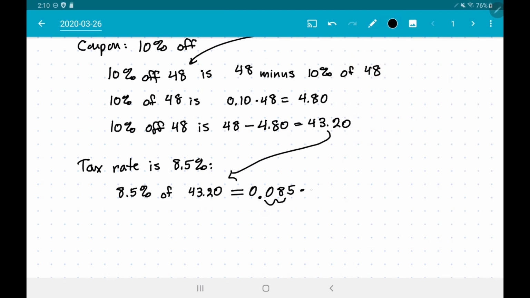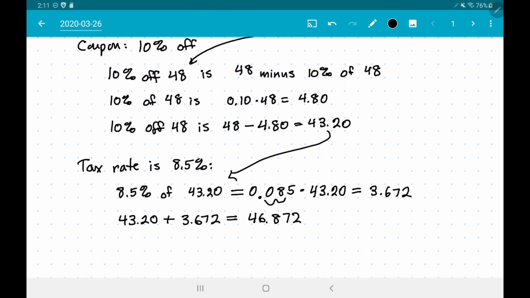Okay, 8.5%. I need to multiply 0.085 by 43.20. The result of this is 3.672. This is a tax, so it will be added onto the price 43.20, which is 46.872.